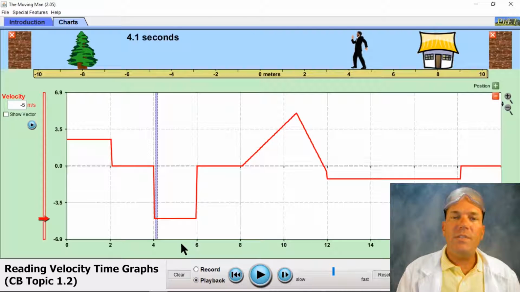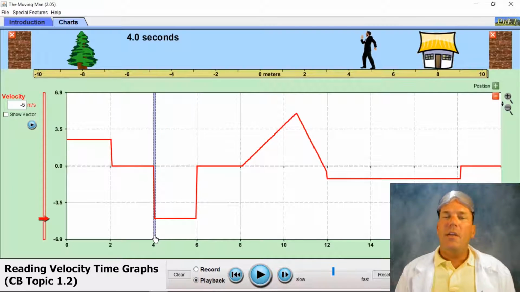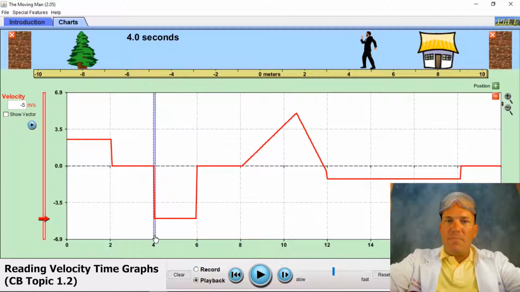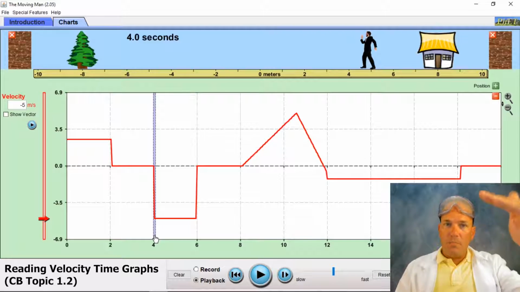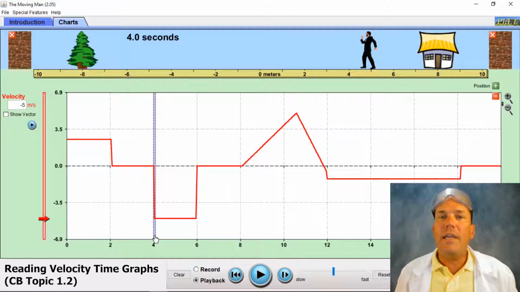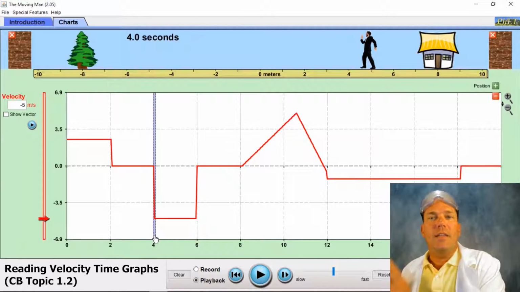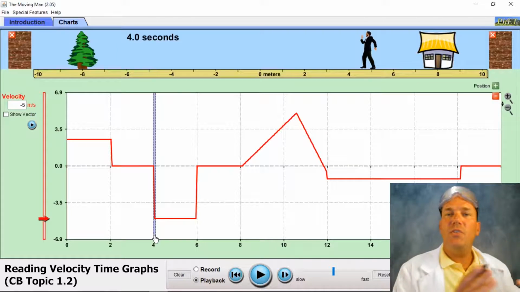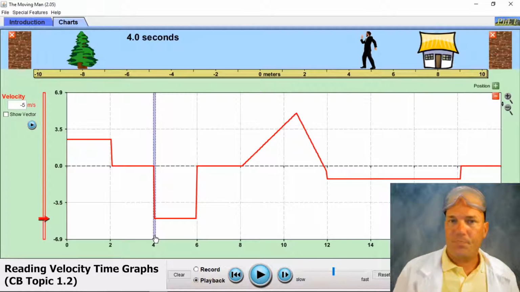Now, what do you notice about where this man turns and moves back to the left? Well, we've dropped beneath the x-axis here. So we've gone beneath the horizontal axis. We are now looking at a negative velocity, i.e., the direction of the velocity is to the left now compared to segment 1.